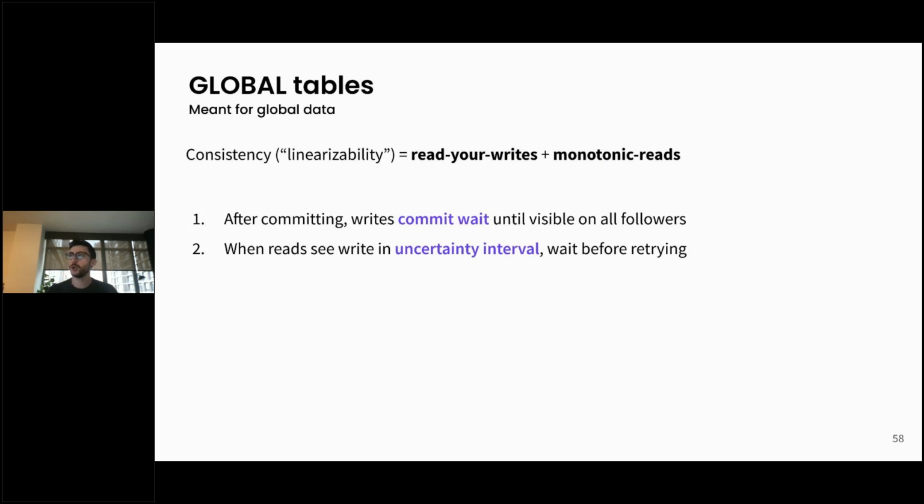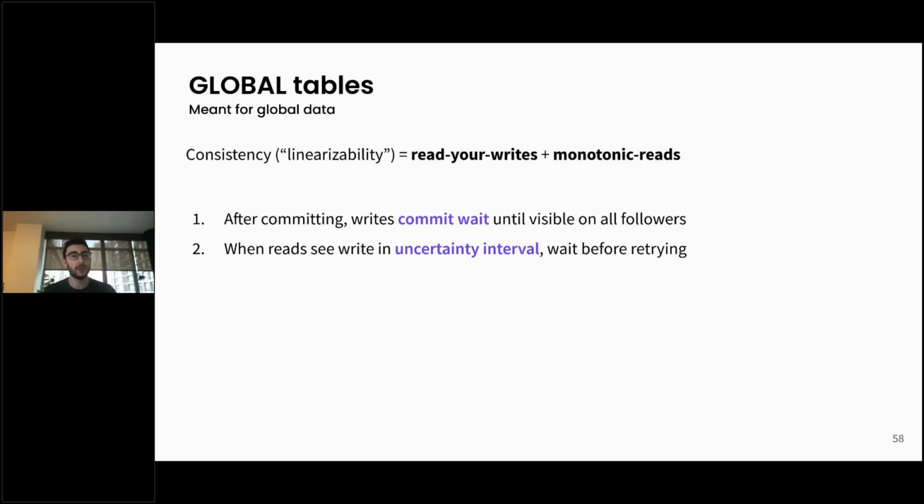In other words, how do we ensure the properties of read-your-writes and monotonic reads? These are two properties that combine to give us linearizability in this case. Now, read-your-writes means that once a write completes, any future read will observe the effect of that write. And monotonic reads means that once a read completes, any future read will observe the same or later value.